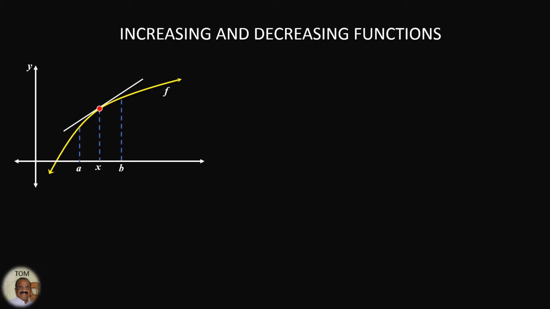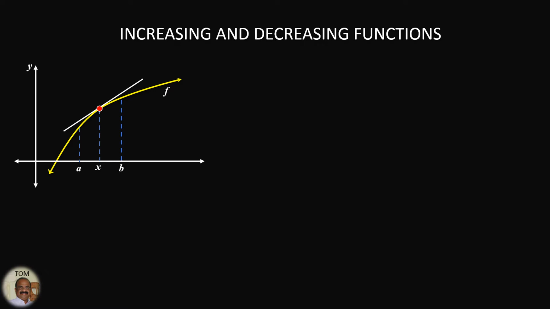We are going to learn how to determine whether a function is increasing at a particular point or decreasing at a particular point. Look at the graph of function f, and we look at an interval between a and b, and there is a tangent.